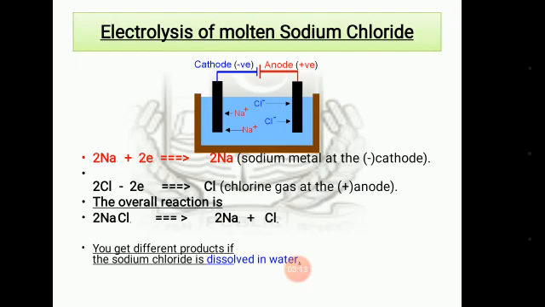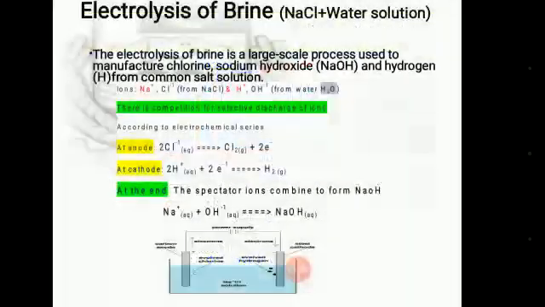However, we get different products if the sodium chloride is dissolved in water. Now we discuss electrolysis of brine. Brine means sodium chloride is dissolved in water and a solution is formed. It has greater concentration of sodium chloride.